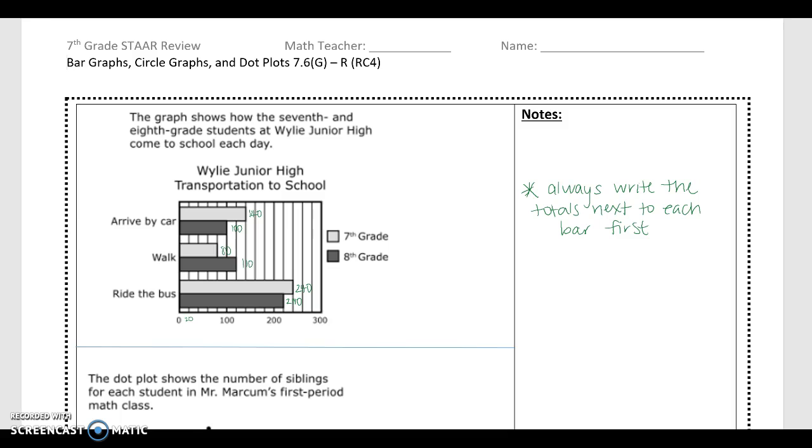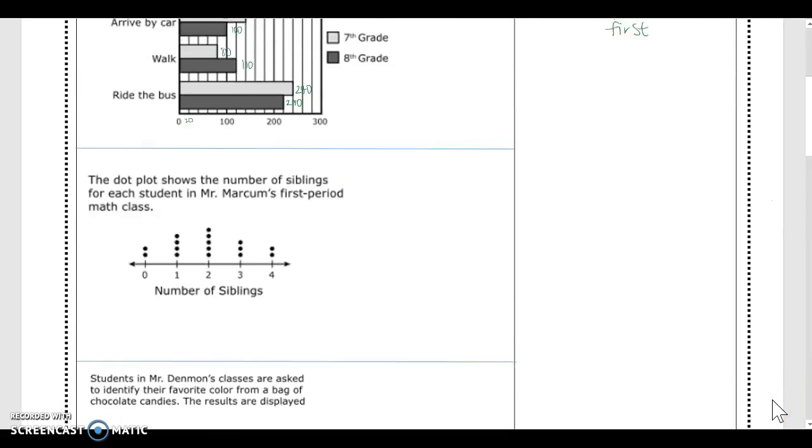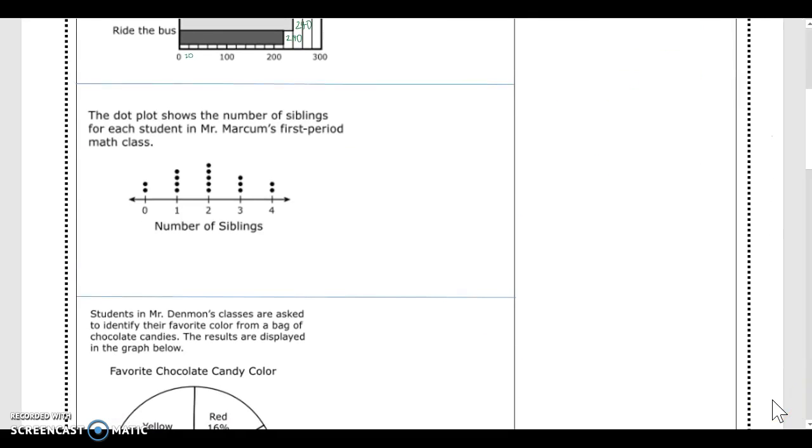All right, so the next part that I want to go over is dot plots, okay? For dot plots, we have a few things that we look at. So the first thing is going to be the range, which is also called the spread.